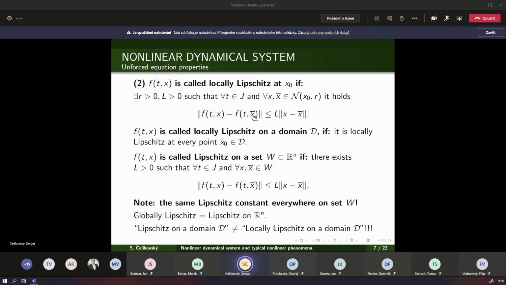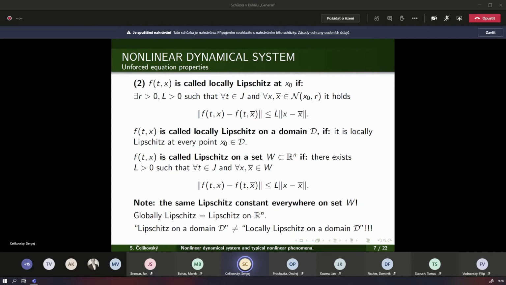We subtract one from the other, compute the norm, and then we ask that the norm of this difference is less or equal than the norm of the difference of the arguments x and x bar times this constant L.